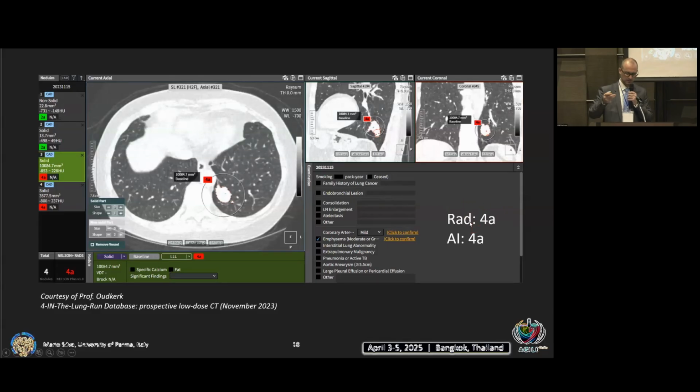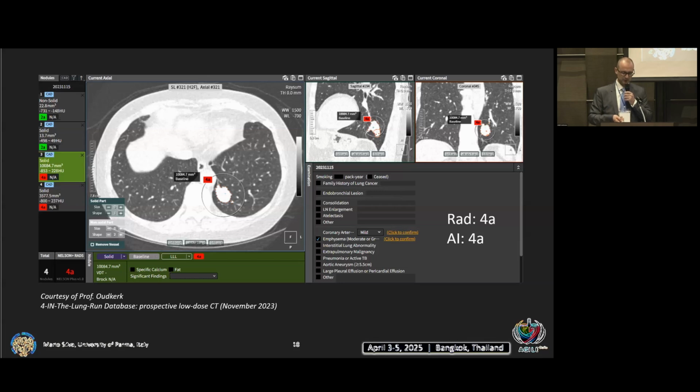This is an actionable nodule, the so-called actionable nodule, and AI with volumetry classified it the same. Of course, we're stratifying based on size, and this is the appropriate classification.